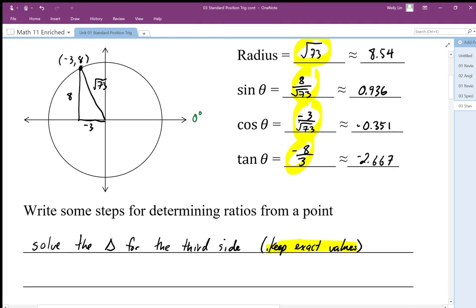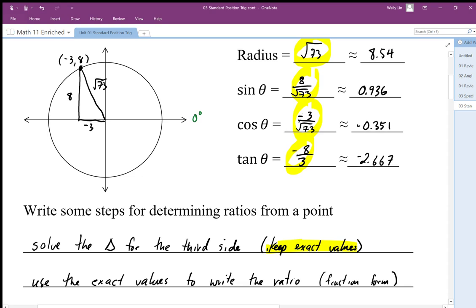So that's the first thing. We solve for the third side. In this case, it was a hypotenuse. And then we use the exact values in a ratio to write the ratio. And we do this in fraction form when possible. So it's important that we try to stick with this.